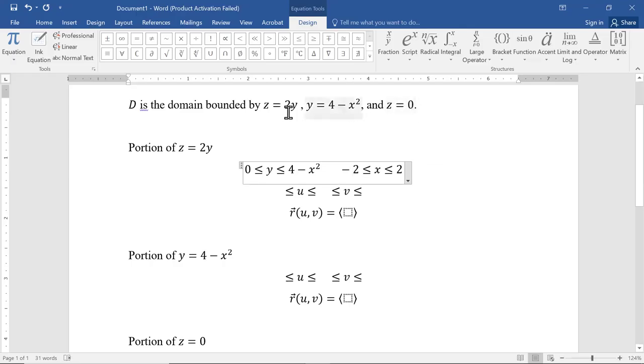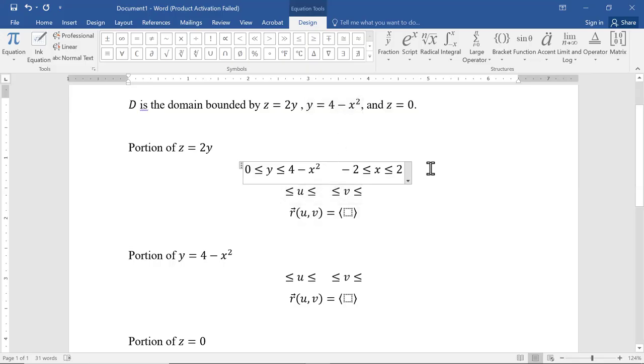Z equals 0, plug in 0 for there. That means y has to be 0 at the bottom, and then y has to be 4 minus x squared at the top. And then since y is positive, that means x values have to range from -2 to +2.